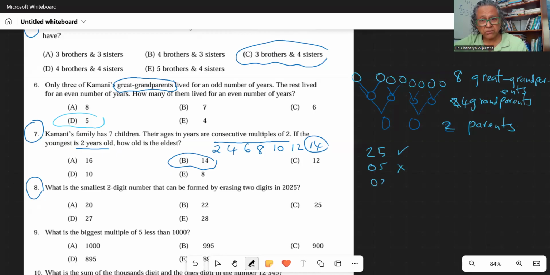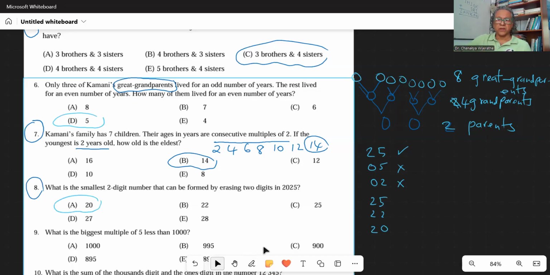Again, you don't get a two-digit number. You can erase 0 and 2, you get 25. You can erase 0 and 5, you get 22. And then you can erase 2 and 5, you get 20. And that's the smallest.